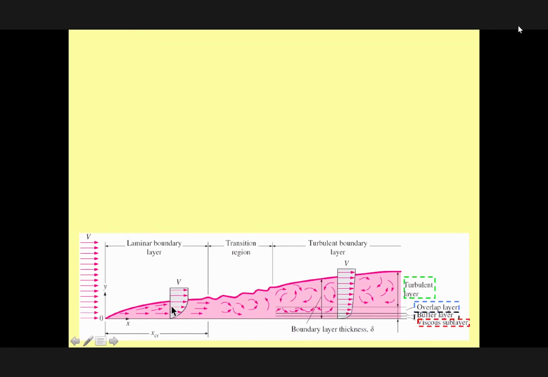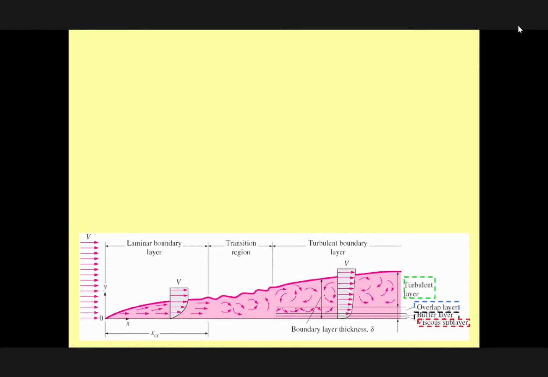The same thing will happen for this plate. If the other one does not exist, and you have a plate here, and air is coming here, the velocity profile grows like this. At the point they are in contact, the velocity is the same? The velocity is the same.